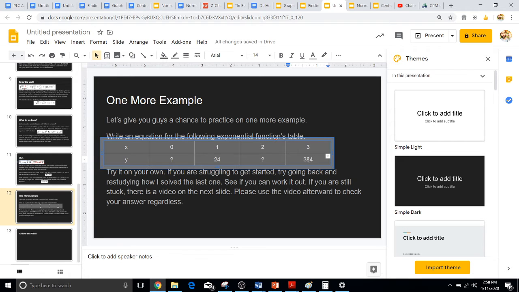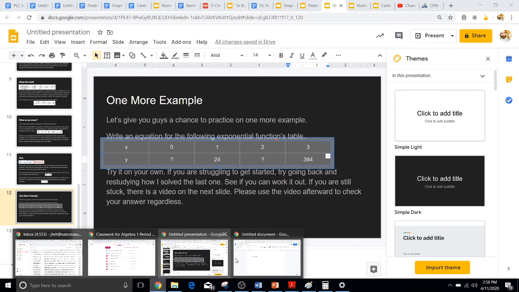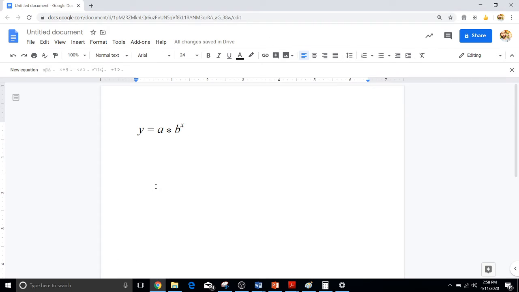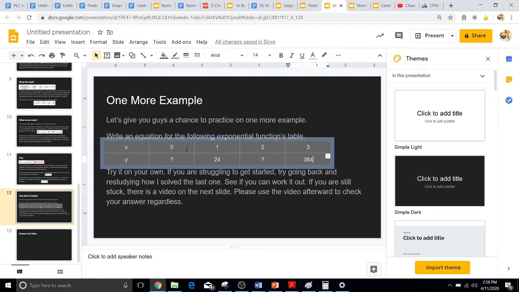Let's go ahead and use what we know here and plug them into a function. So again, we know that our function is a times b to the power of x. Let's write in our functions with our xy coordinates. In the first one, we had 1 and 24.